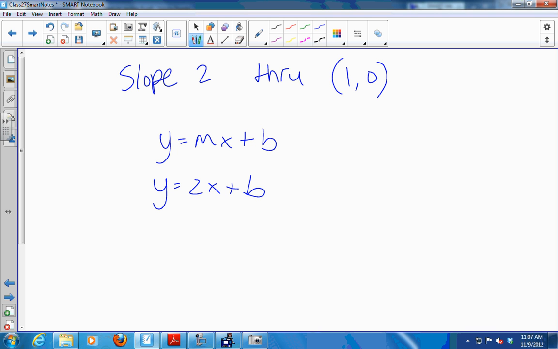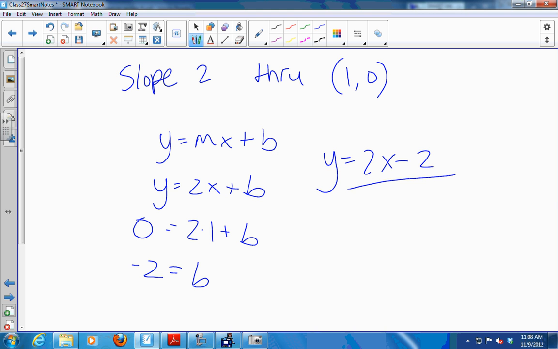How do I get it? I plug in the point, right? This is an x comma y. So I replace the x with a 1 and the y with a 0, and I solve for b, and I get -2. Okay. So my final formula will be y equals 2x minus 2.